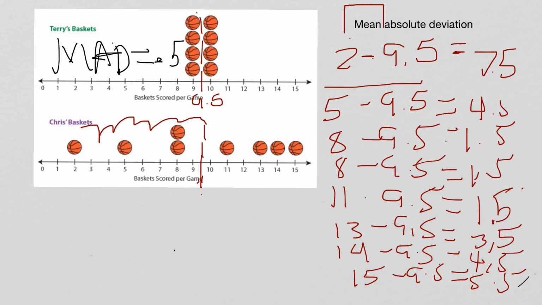We now need to add up all of the numbers here all the way down. So 7.5 plus 4.5 plus 1.5 plus 1.5 plus 1.5 plus 3.5 plus 4.5 and then plus 5.5. I'll give you a moment to figure it out and then we'll do it together.